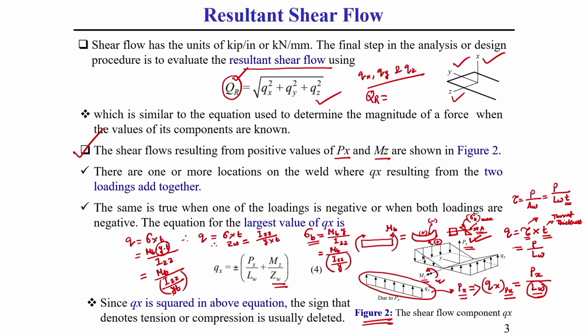So Izz divided by yt is known as Zw. So here it is Mb divided by Zw. What is Zw? I have given you the idea: Zw is equal to Izz divided by y into t.